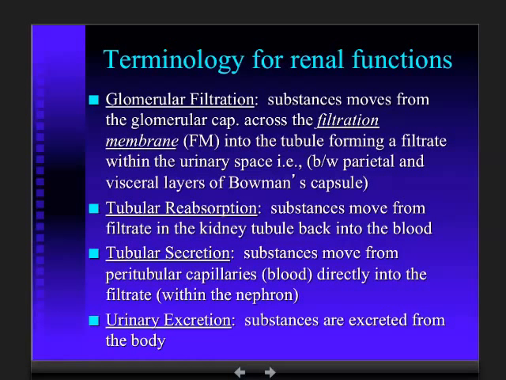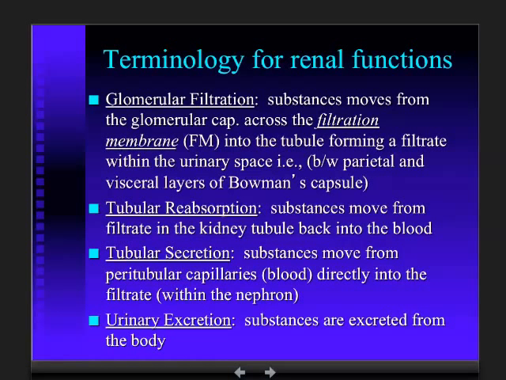I'll talk about it in just a sec. Secretion is the opposite of that. It's from the blood, putting it into the kidney tubule, downstream of the glomerulus.